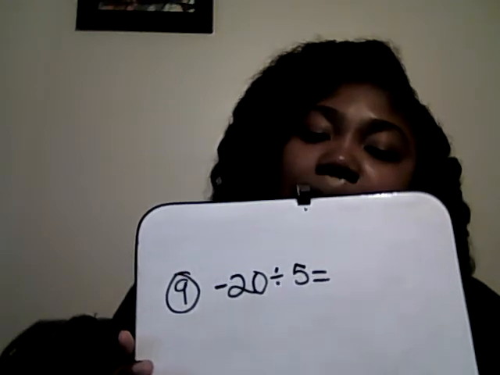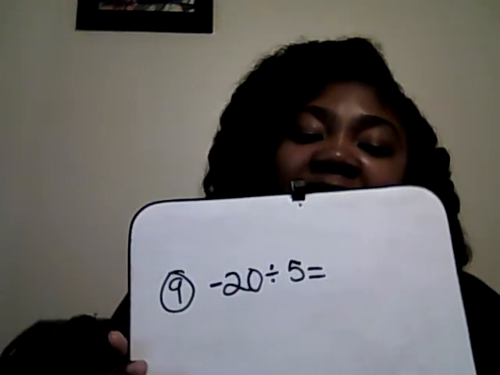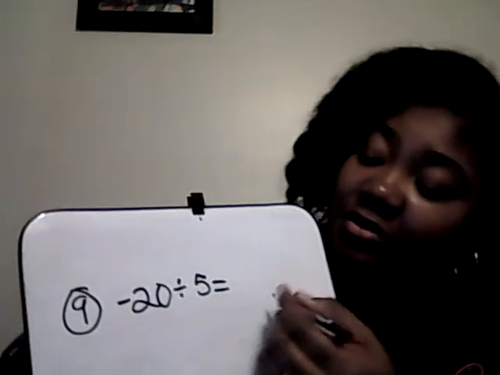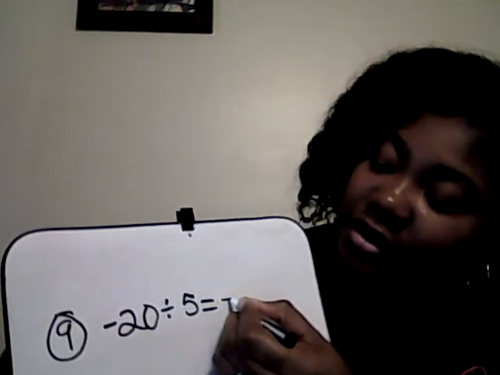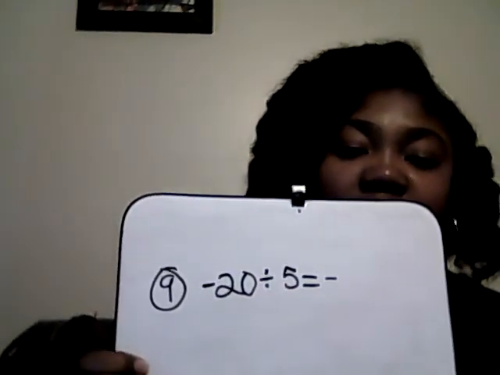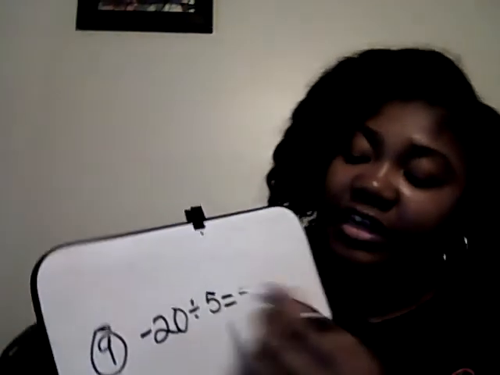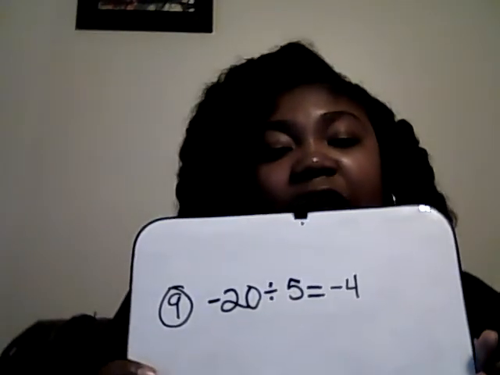What would that be? It would be a negative number. So let me go ahead and do the negative, because negative divided by a positive will always be negative. And then 5 going into 20 is 4 times. So that's your answer for number 9.